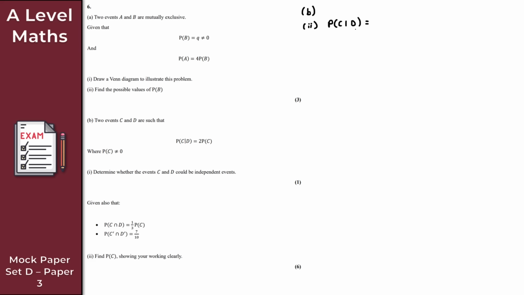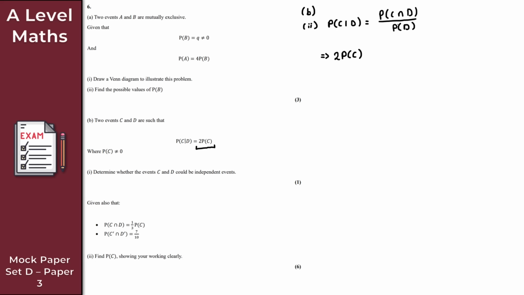The formula for this then is the probability of C intersection D, and that's all over then the probability of D, okay? So what I can do here then is replace this with 2 lots of the probability of C, like so.